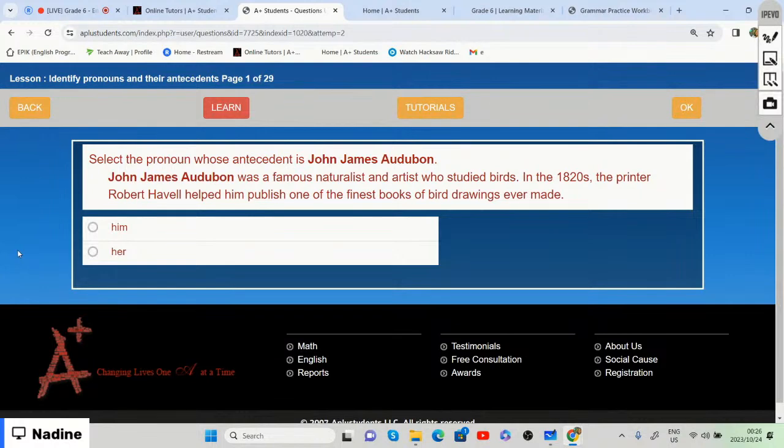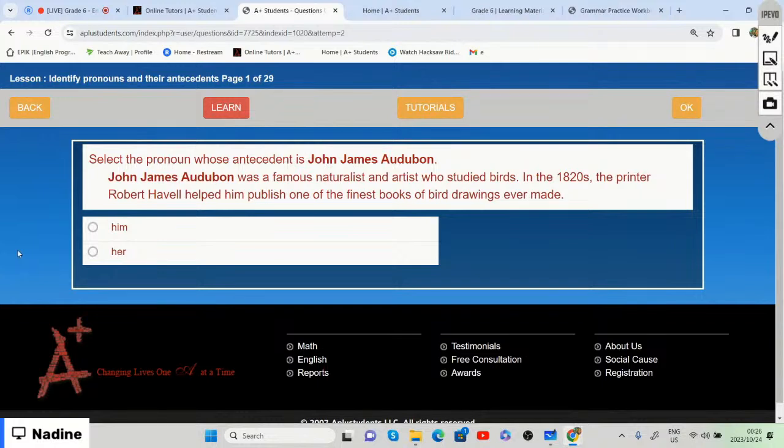We need to select the pronoun whose antecedent is John James Audubon. What do you think is the pronoun? Instead of saying John James Audubon again, what do you think is the pronoun that refers to John James Audubon?